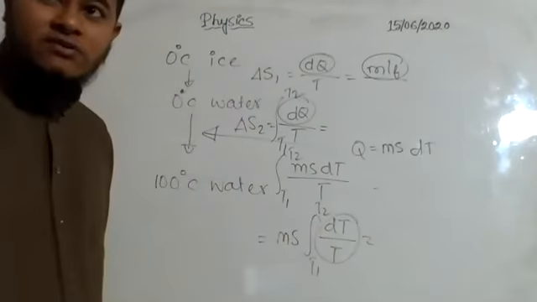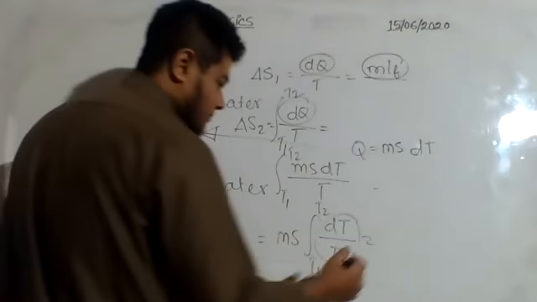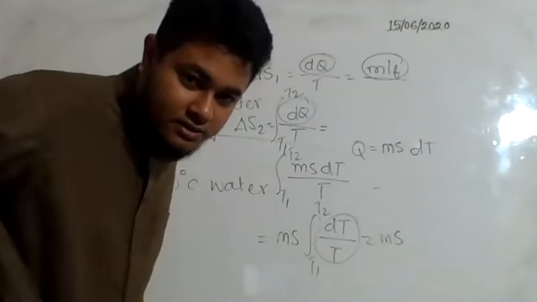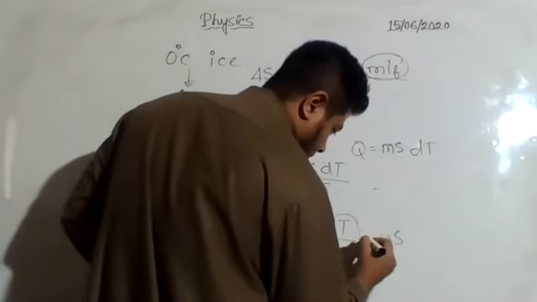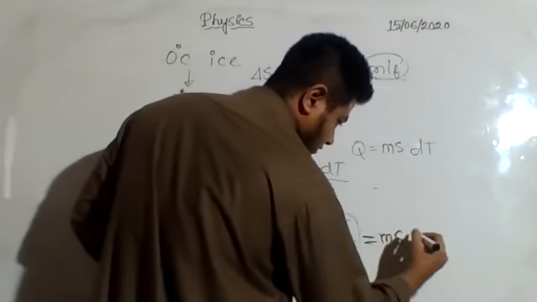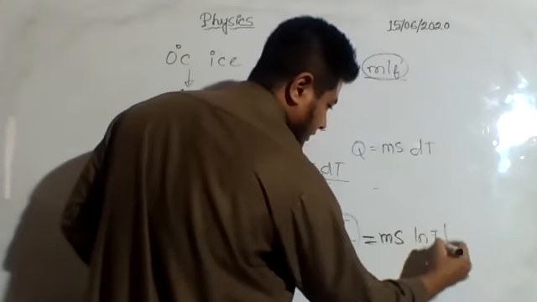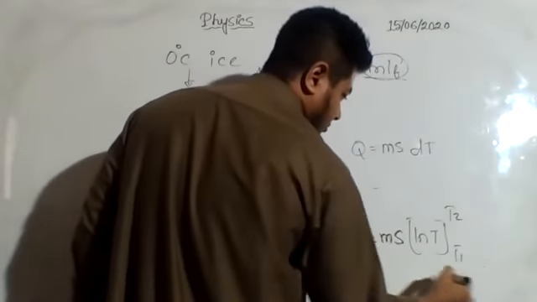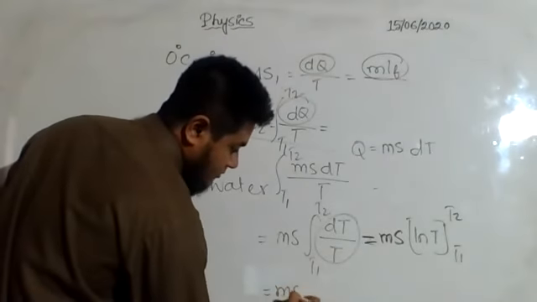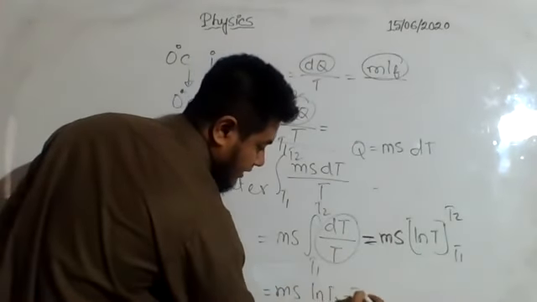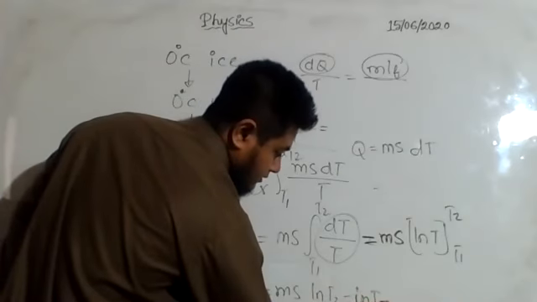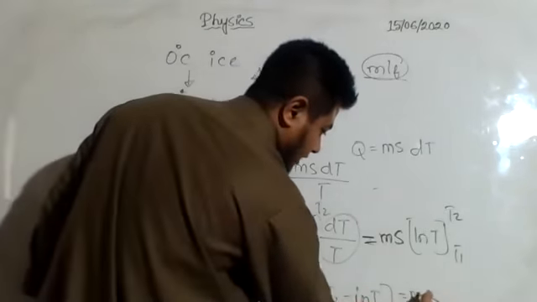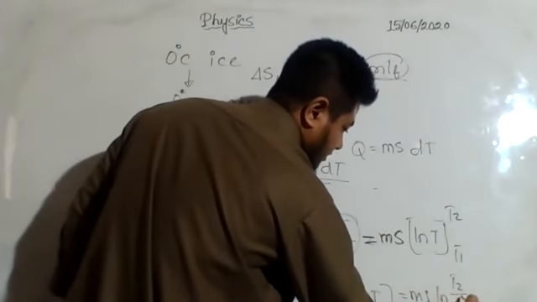If you remember, if we integrate it, ln T is going to come according to the formula. Can you see the writing on the board, because I think the marker got faded? Yes, we can see. It will be ln T. We did a similar calculation while starting the theory part. So from here I can write m s times ln T2 minus ln T1, which is m s ln of T2 by T1.